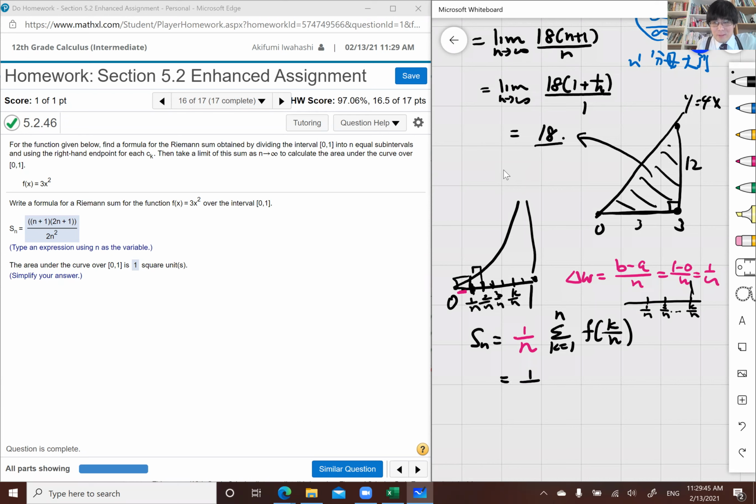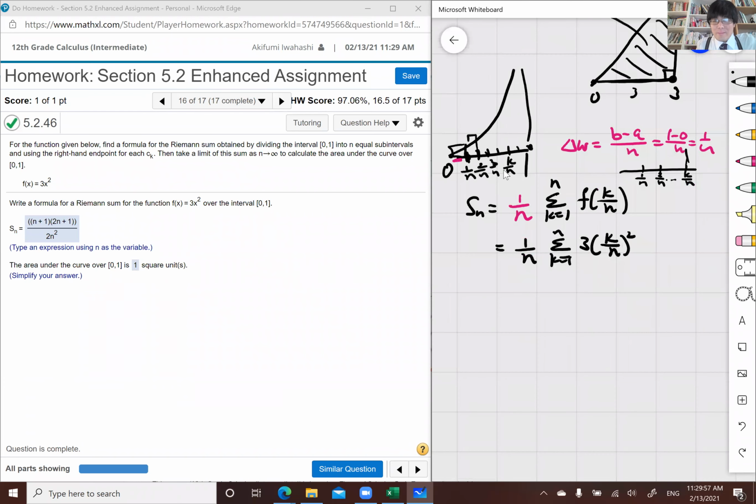So I just need to simplify this. In this case, f(x) is equal to 3x squared, so 3 times the input squared. Just like the previous question, we can move the constant outside of the sigma notation. k you cannot move, but n squared and 3 can be.